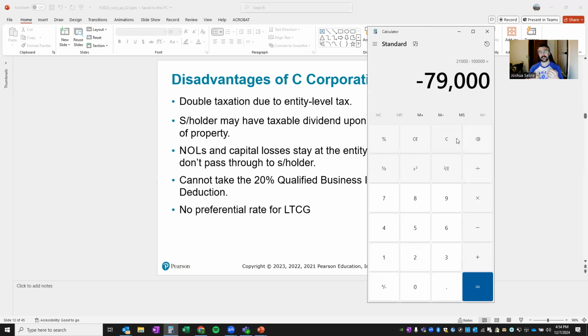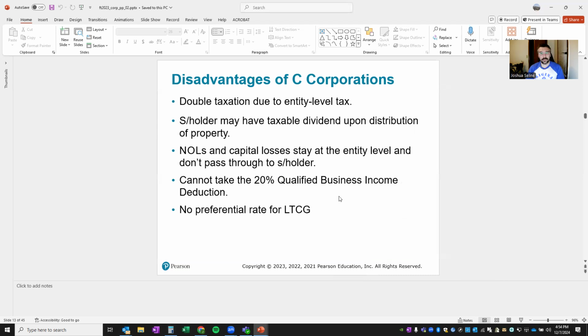Okay, this is what we have afterwards. If we distribute this out to shareholders in the form of dividends, they would also recognize a gain on the dividends, right? So you pay the 21,000 tax. And then when you distribute out what's left, the 79,000, the shareholders would recognize gain on those dividends at their marginal rates. So that's where the double tax comes from.